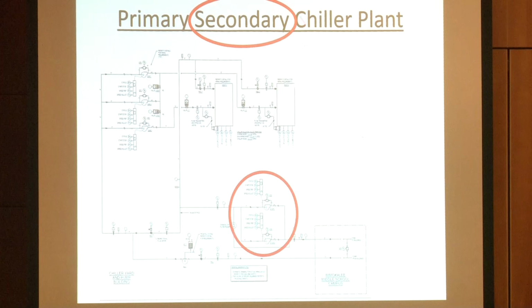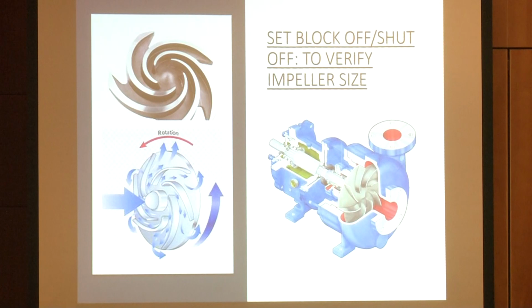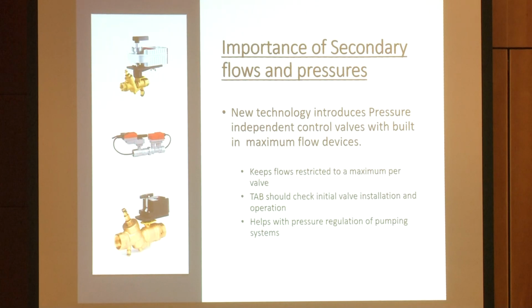And then we look at the secondary pumps, right? So now you've got all of this set up, and all of this is going to be right and correct. Now you're going to move down to the secondary side. It's the same setup. We set the block off, we shut off to verify that side. But what's important to note is that on the secondary side at the units, the new technology control valves are really, really good.